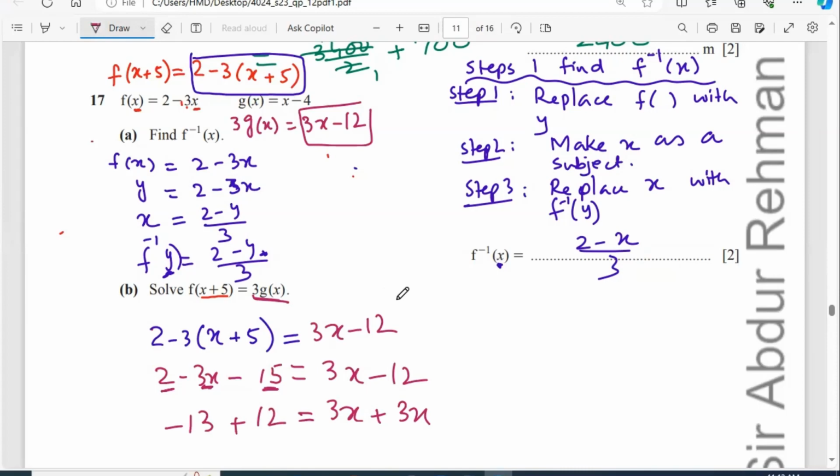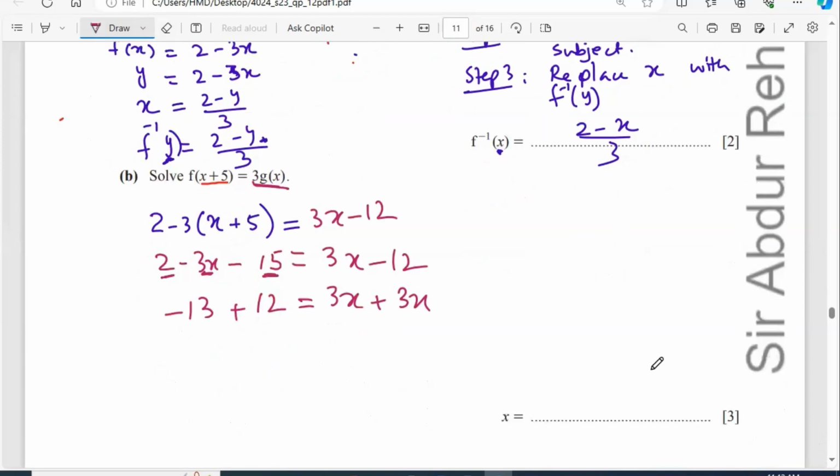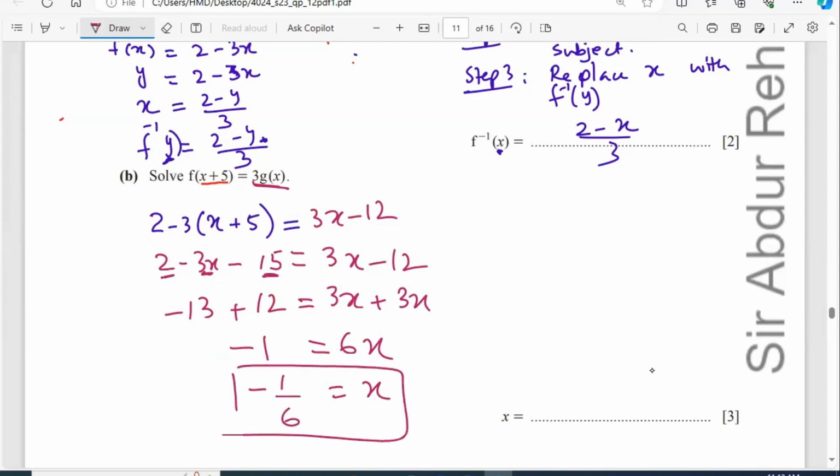Minus 13 and plus 12 will be minus 1. This minus 1, and this is 6x. So x equals minus 1 upon 6. If you write minus 1 upon 6, it is okay, or minus 1 over 6, or 1 over minus 6. Now move on to the next part.